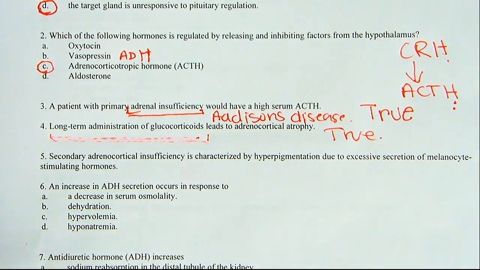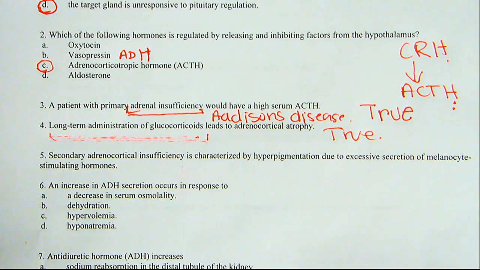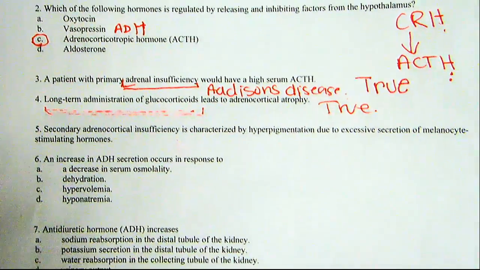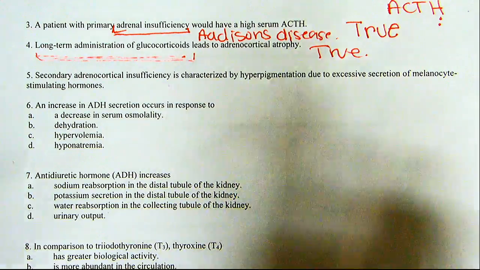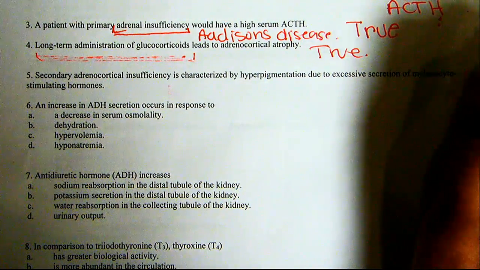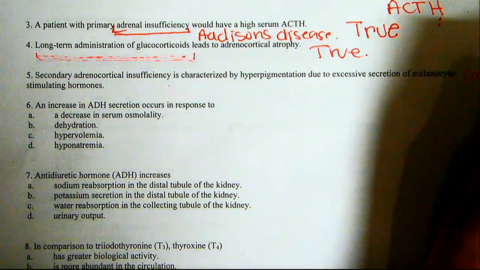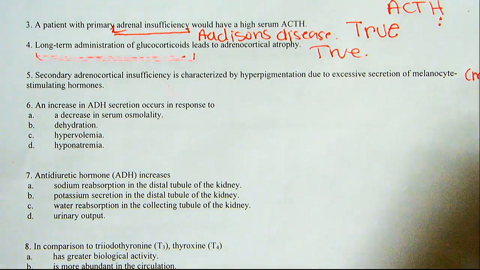So then that could lead to Cushing's syndrome. Number 5. Secondary adrenocortical insufficiency, so secondary Addison's, is characterized by hyperpigmentation due to excessive secretion of melanocyte-stimulating hormones. True or false? This one is false.